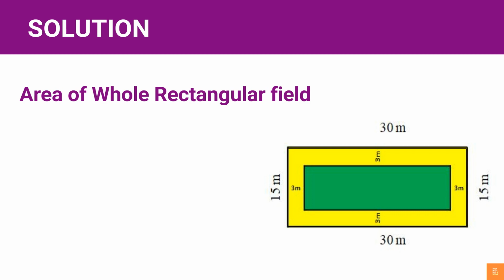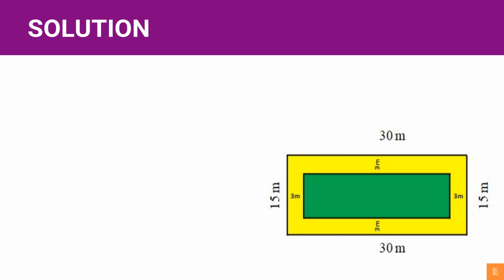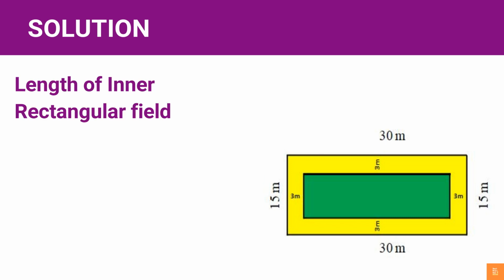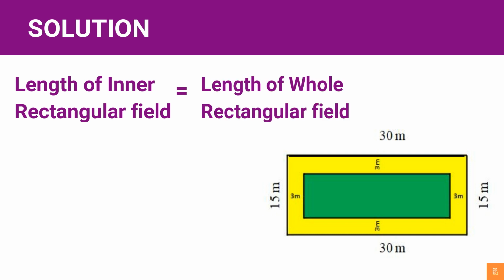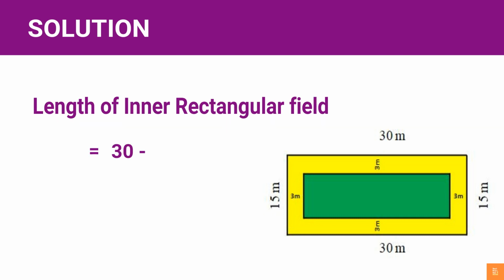Area of the whole rectangular field equals length into breadth equals 30 into 15 equals 450 square meter. Length of the inner rectangular green field equals length of the whole field minus width of path both ends equals 30 minus (3 plus 3) equals 30 minus 6 equals 24 meter.